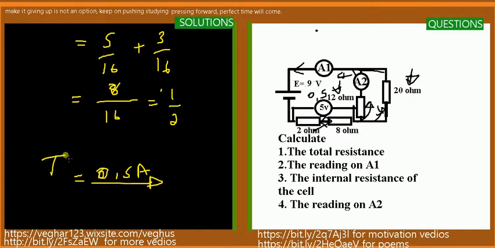So this can be proven. If you are not sure in the exam, you can prove that you have calculated the correct current by calculating the other side of your resistor to see if they add up to the total, because the current here and the current here must be the same, since they are in series.